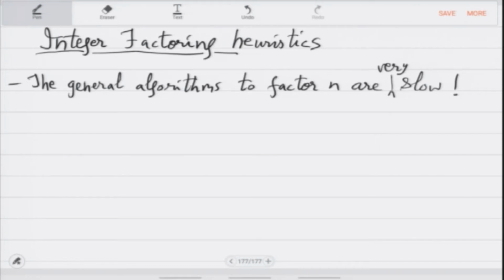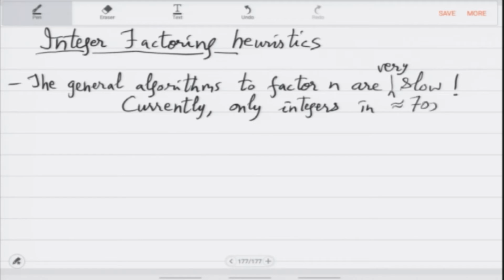Okay, so currently only integers in around 700 bits, which in terms of decimal digits is 200 digits.